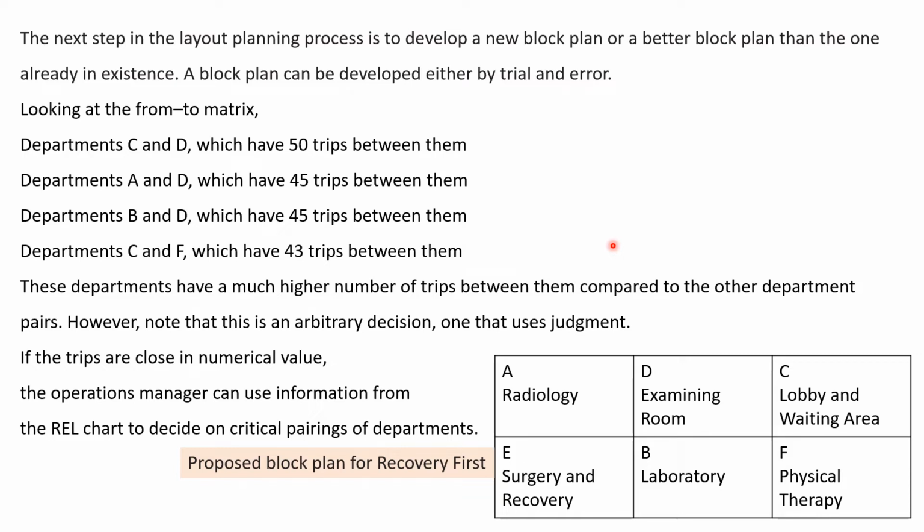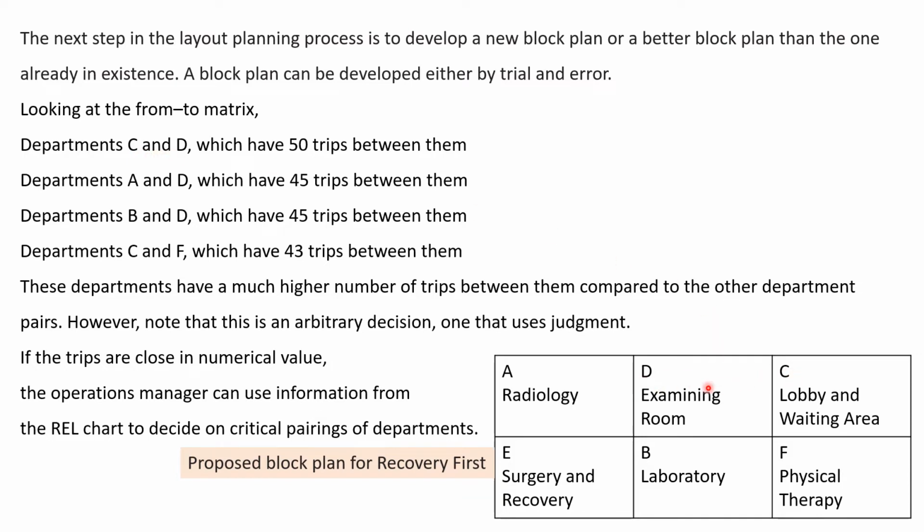So based on that, the proposed block plan is put like this because we have to put the departments having the largest trips between them side to side. For example, C and D should be side to side.